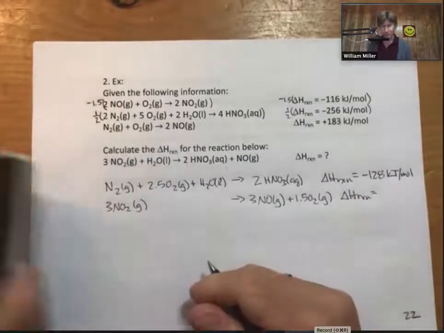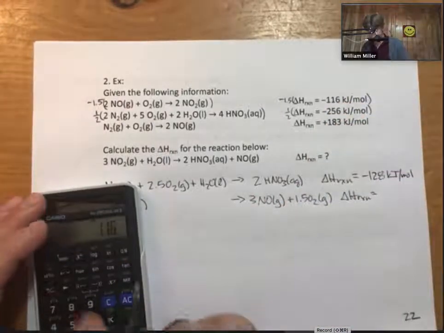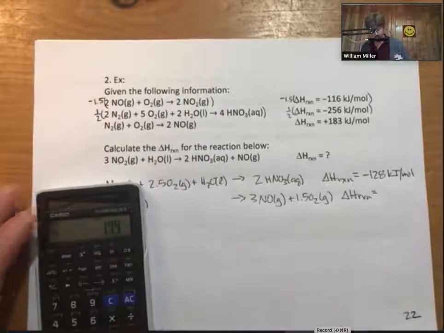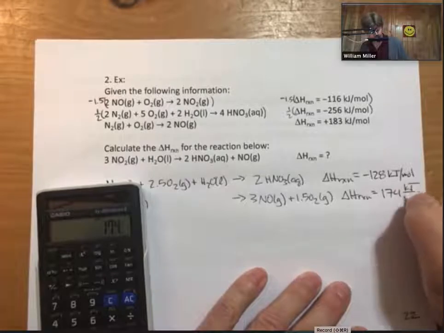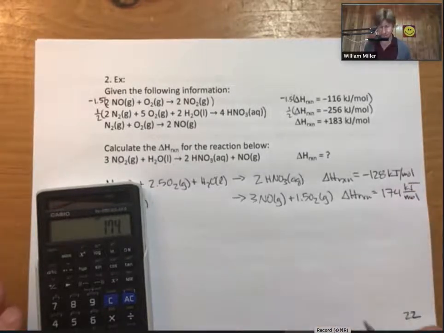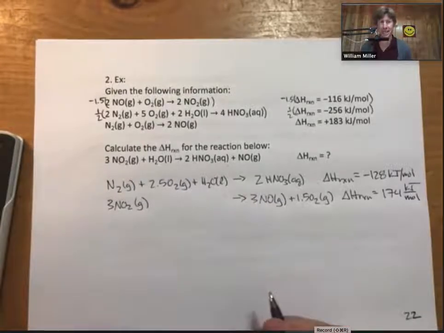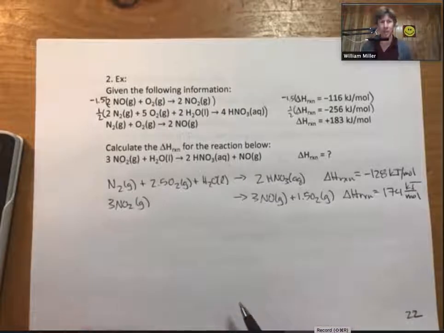Delta H reaction for this process, minus 116 times 1.5, I get 174 kilojoules per mole. Starting to see some of my oxygens canceling, which is good because oxygen does not end up in my overall reaction.